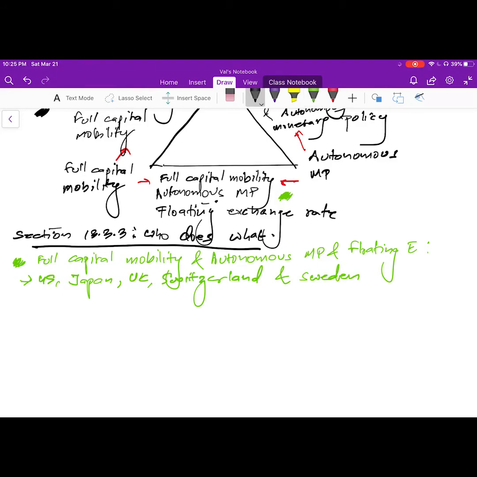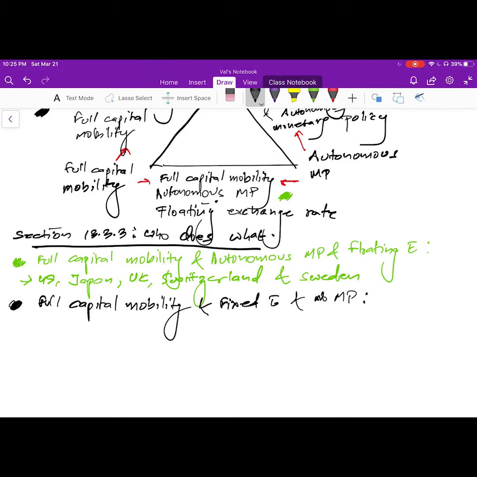Who does the black piece, which is full capital mobility and fixed exchange rate and no monetary policy, right? So no control over monetary policy is what we mean.